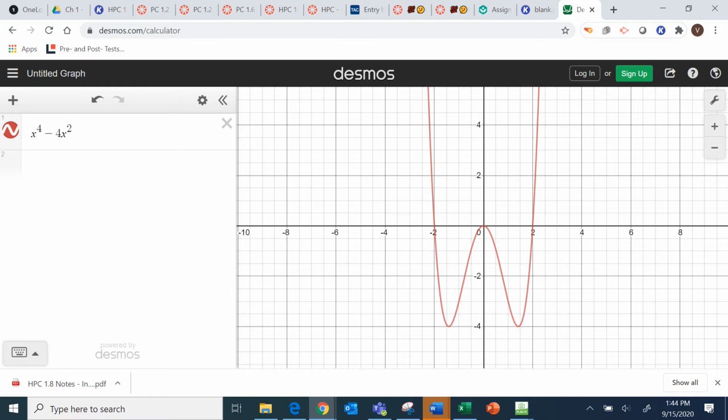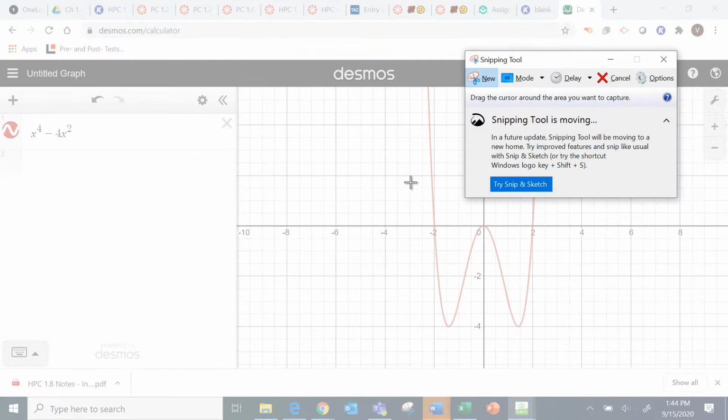So, is the inverse a function? No. And we can look for horizontal lines hitting twice or more. Hitting more than once, I should say. If the horizontal line hits more than once, it is not a function. Look at this.